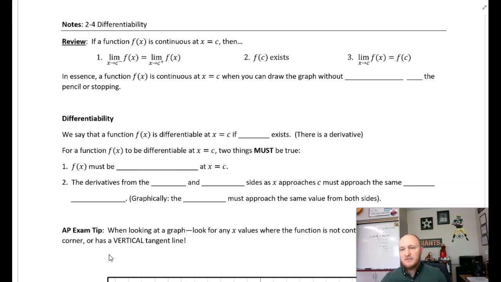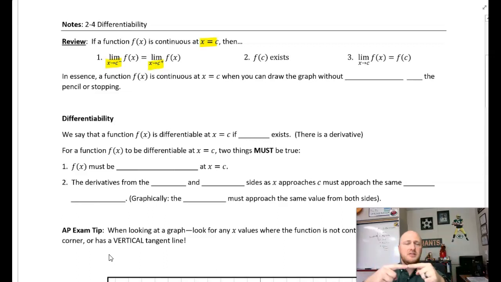Now remember, if a function f of x is continuous at an x value c, then what is true is that the limit as x approaches c from the left of the function is equal to the limit of f of x as x approaches c from the right. The left and the right have to touch.